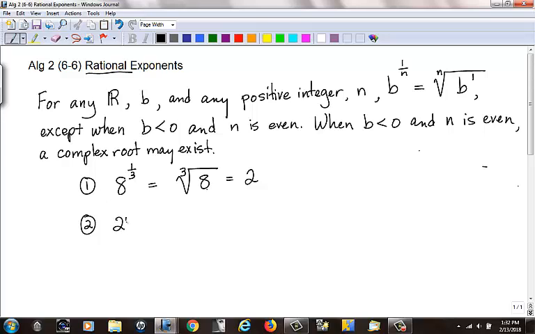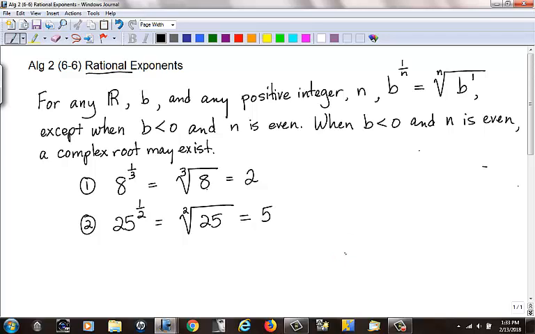Another example: 25 to the 1/2 power. You're in exponential form, so you can go to radical form and say that denominator is the index, so it's the square root of 25. And when they're doing the square root of 25 like this, they're counting just the principal nth root, so they're just counting the 5.